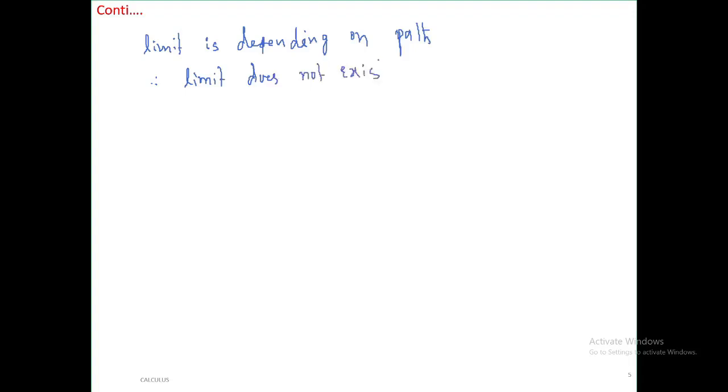So once the limit does not exist, what is the conclusion? The third point is that the limit of the function f of x comma y as x comma y reaches the origin is not equal to f of x naught y naught. What is f of x naught y naught?